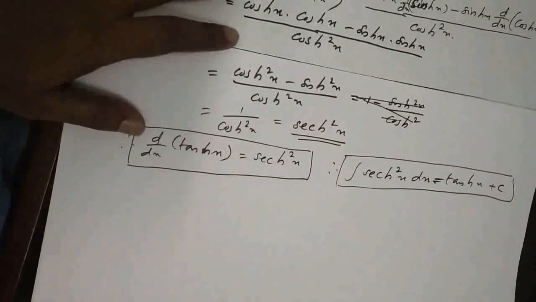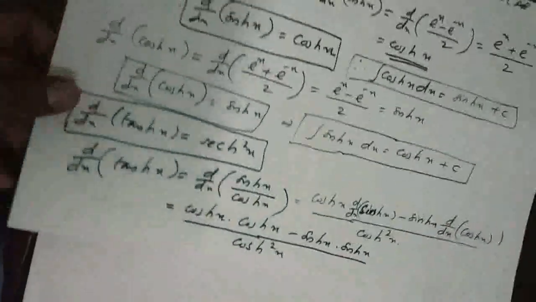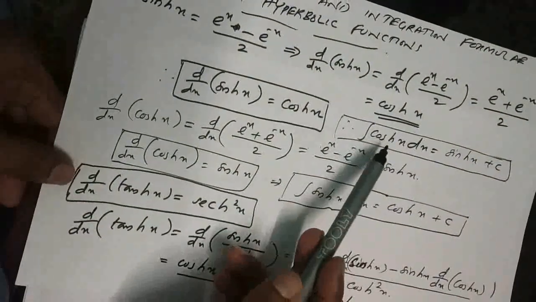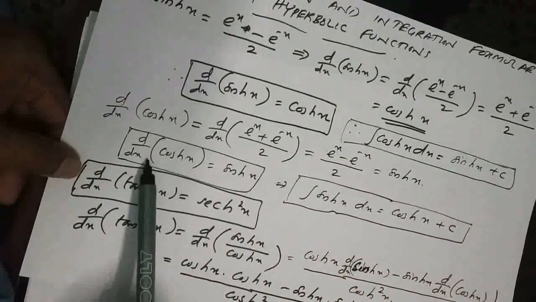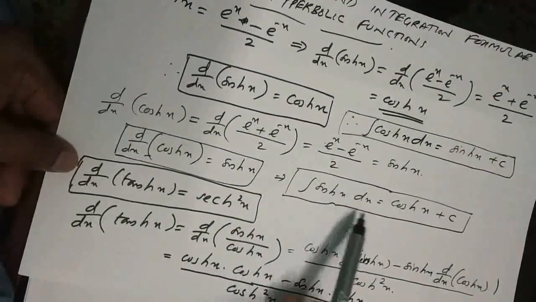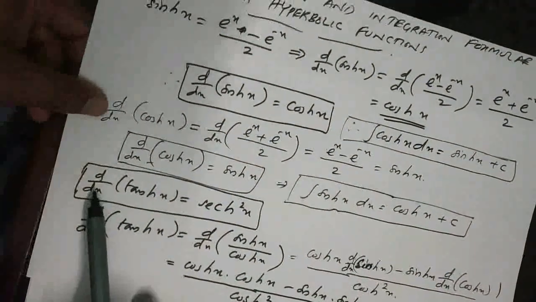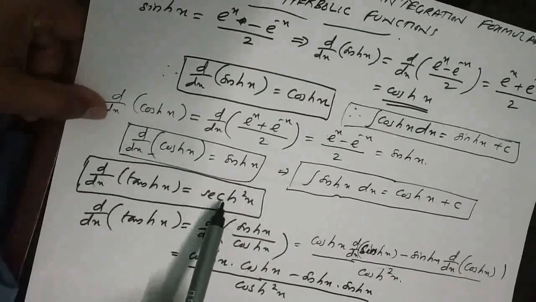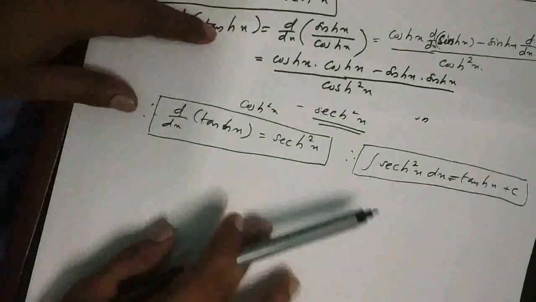In a similar way, we got the derivative of sinh x equal to cosh x, so the integral of cosh x equals sinh x plus c. The derivative of cosh x equals sinh x, therefore the integral of sinh x dx equals cosh x plus c. And the derivative of tanh x equals sech square x, so the integral of sech square x equals tanh x plus c.